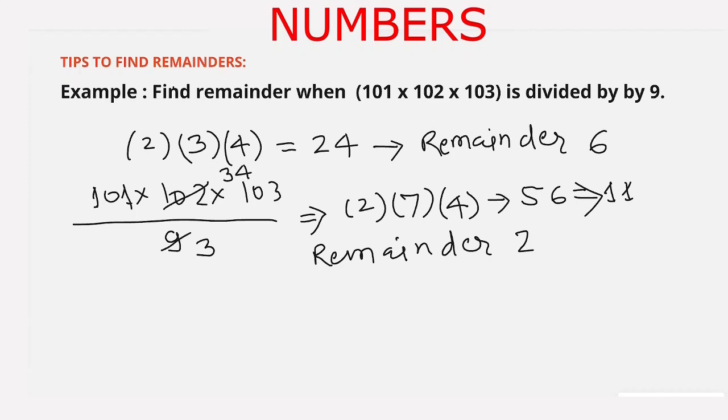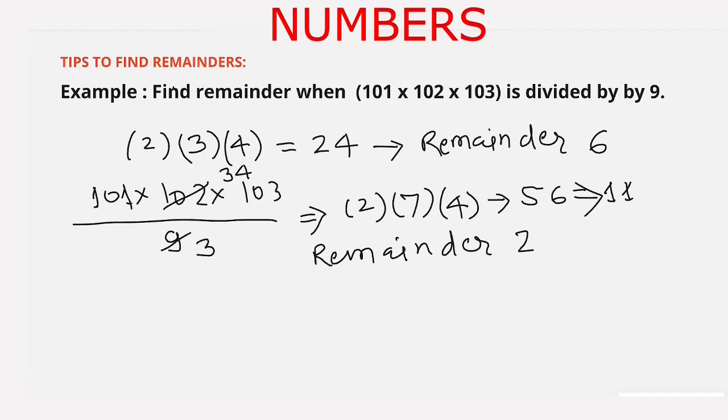Therefore, we must not make this mistake of cancelling the dividend and divisor by any common factor. And for making it easy, if we do it, then we have to multiply the remainder by the number by which we had cancelled the numerator and denominator.